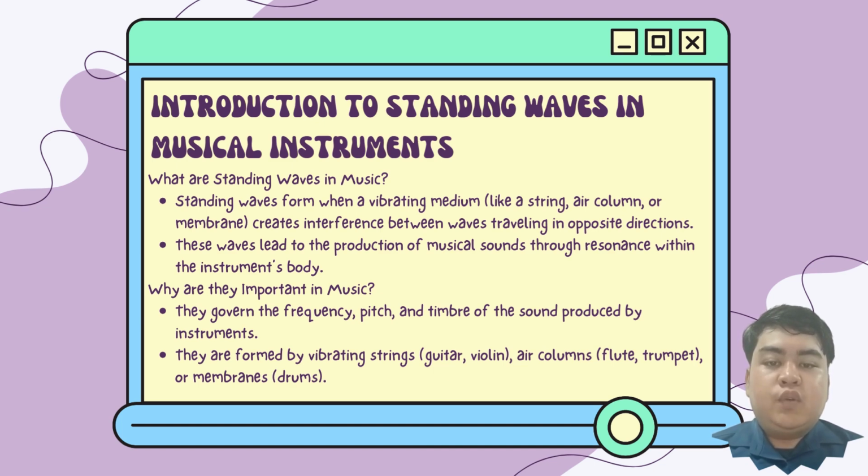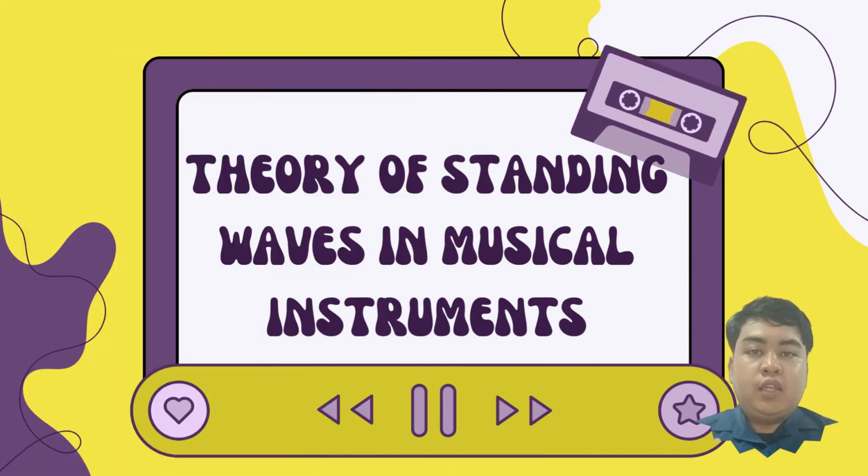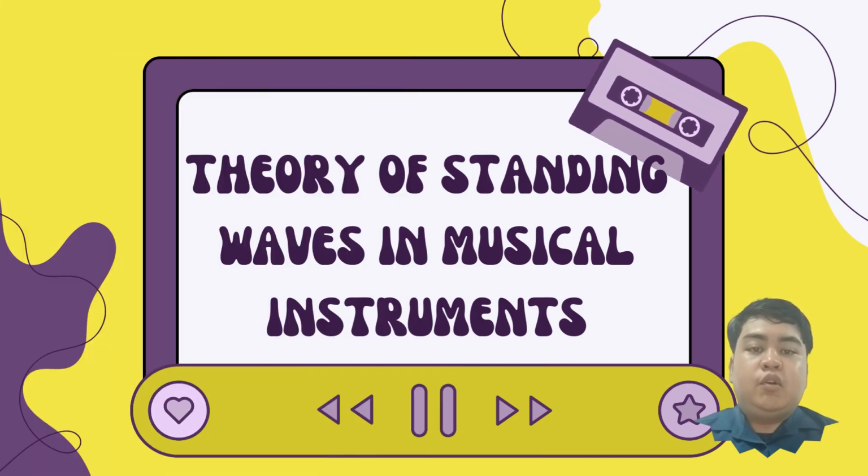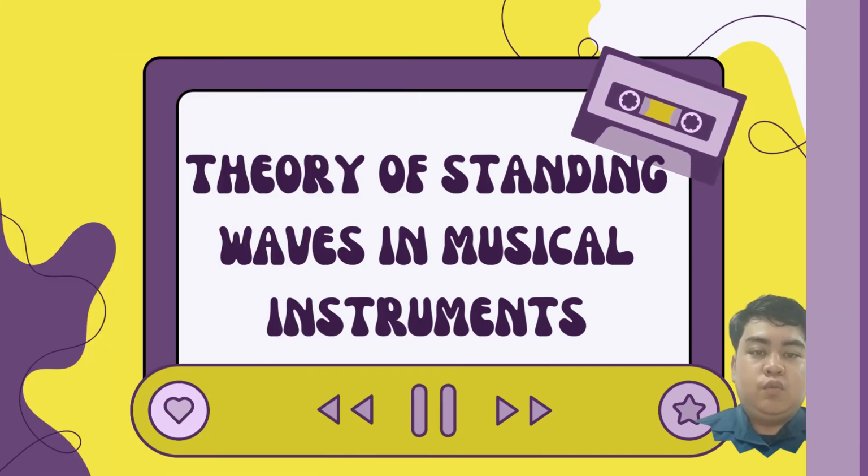They govern the frequency, pitch, and timbre of the sound produced by the instruments. They are formed by vibrating strings, such as guitar and violin, air columns like a flute or trumpet, or membranes like drums. Next, I will explain the theory of standing waves in musical instruments.